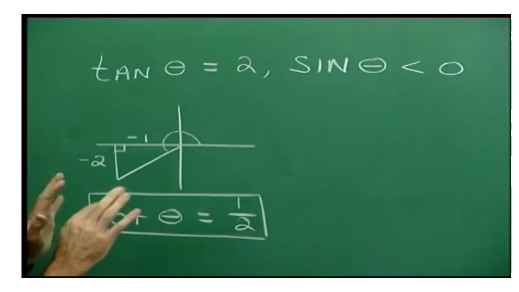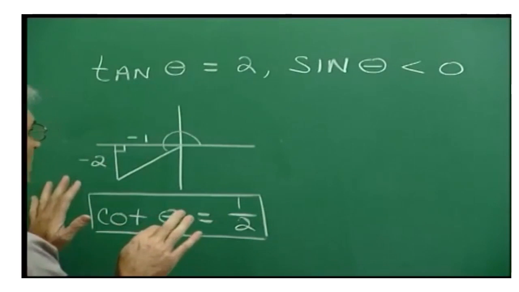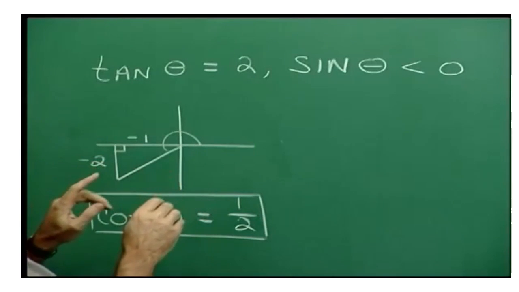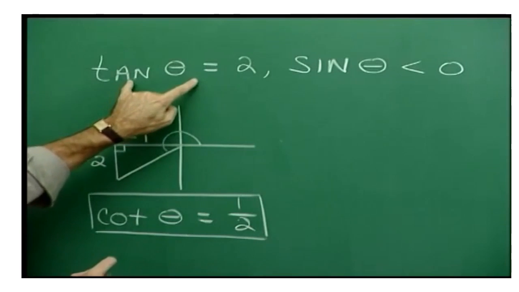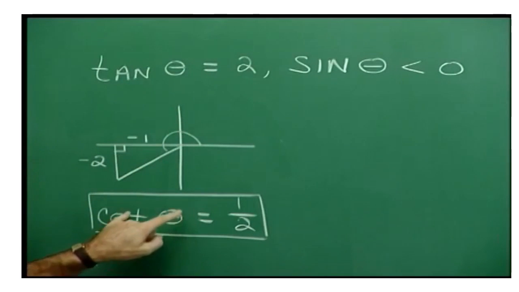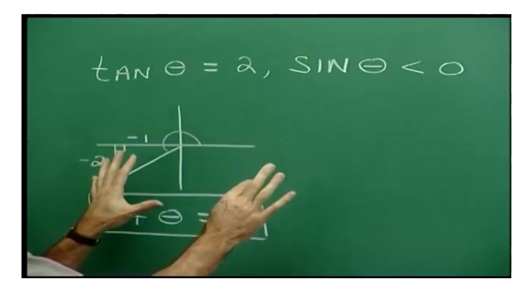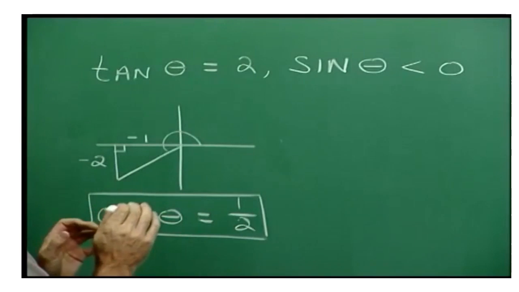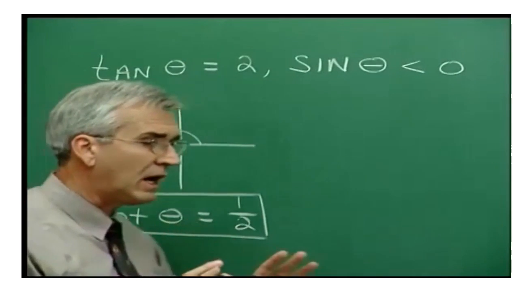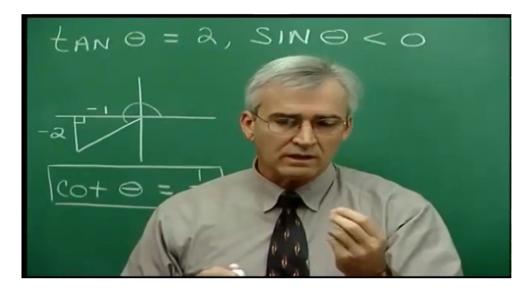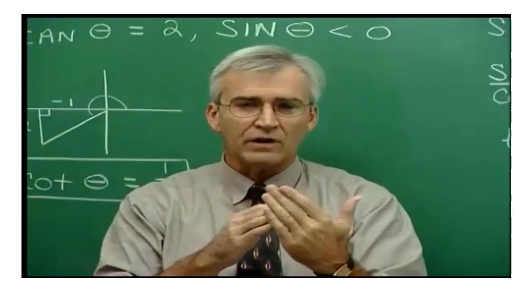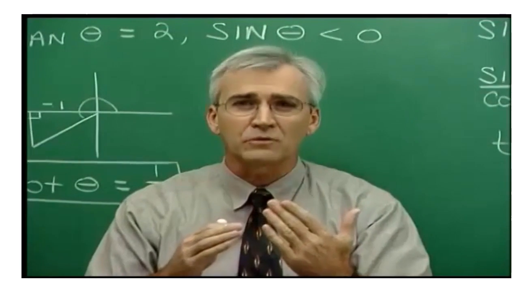Okay, now I'd like to figure out some kind of ratio or identity that relates the given information, or what I know here, with some other trig ratio. Now, the things that come to mind are the reciprocal relationships or the various Pythagorean relationships.